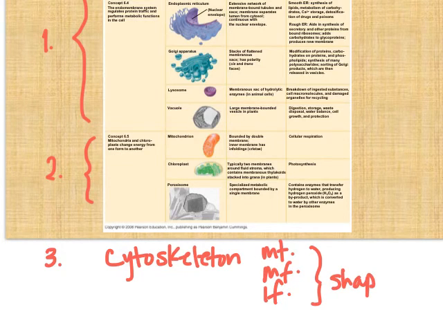And then also the microtubules and the microfilaments, we talked about their role in any kind of movement in the cell or of a cell or organism.